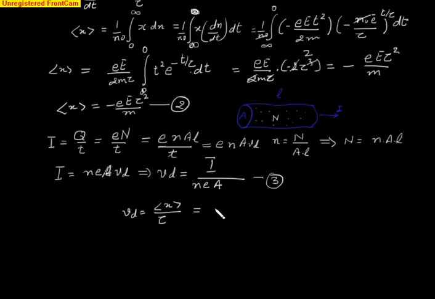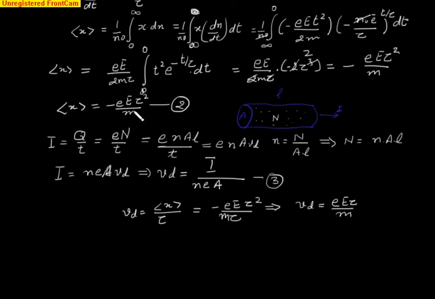The average distance is minus E times tau square divided by m, so drift velocity Vd is equal to E times tau over m.